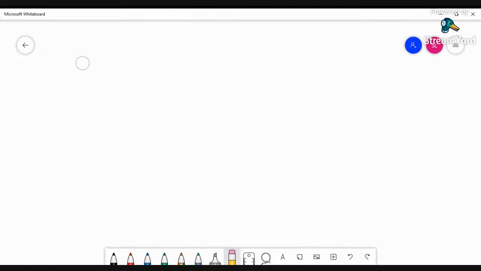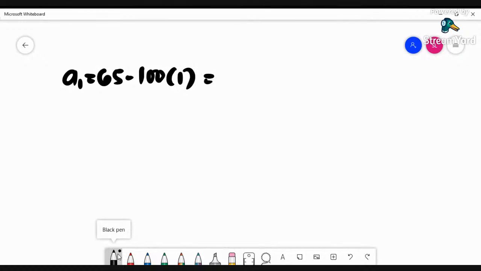Okay, so we have a sub 1 equals 65 minus 100 times 1. So if we are going to solve this, we get negative 35.